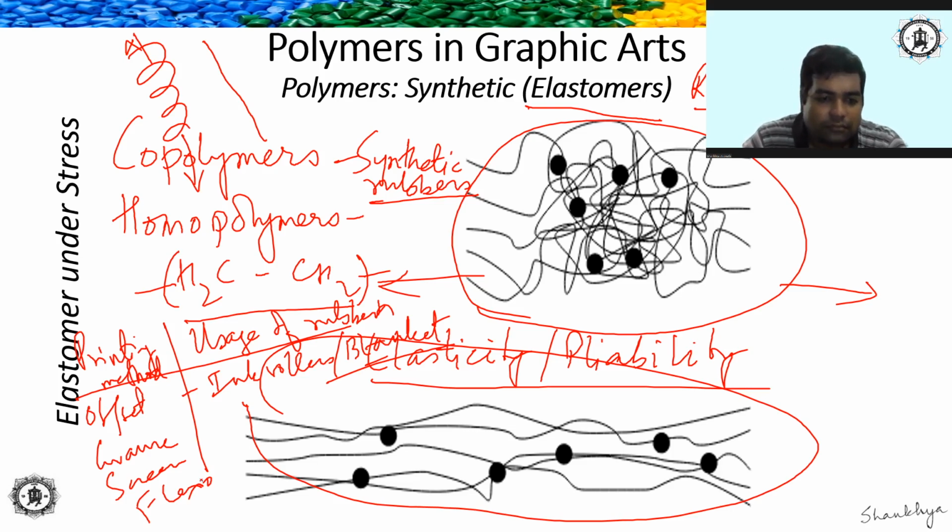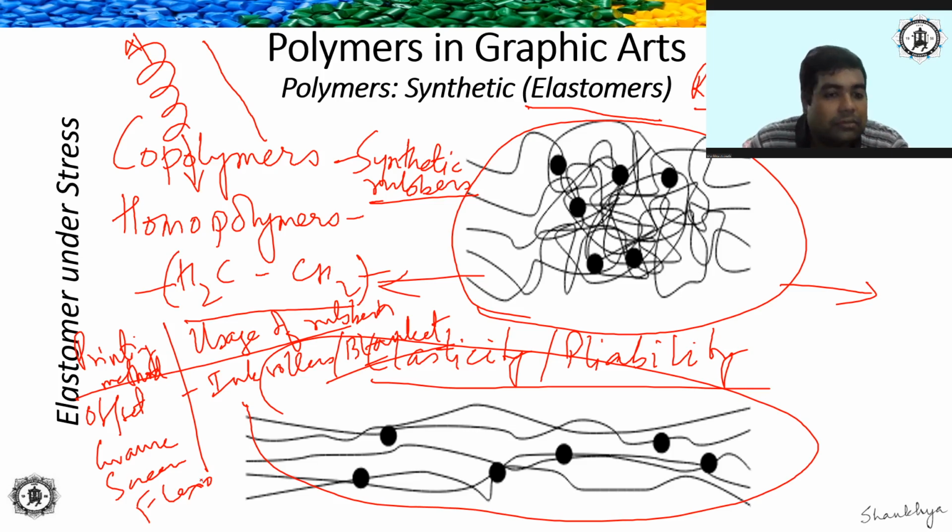Now, natural rubber also has very low tensile strength, and it has a swelling tendency. Swelling means when you are using it in conjunction with chemicals and water, it will tend to absorb those chemicals and water and try to swell up. All this will create some problems during print production. We'll discuss what problems, but for now let us discuss the disadvantages of using natural rubber.